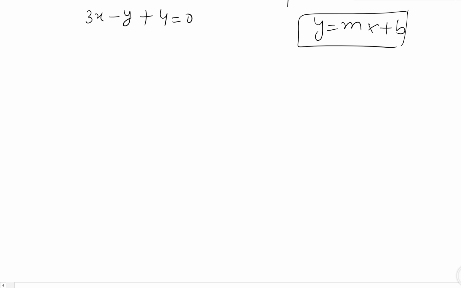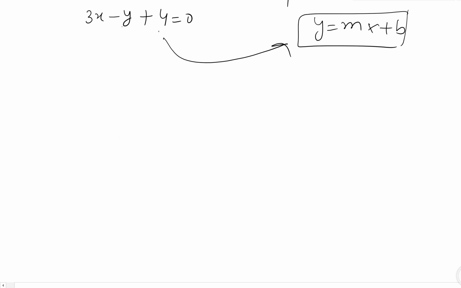So we call it the standard equation of the line. Actually, it's a general equation. Whenever your constant and everything is on the left hand side, we call it the general equation of the line. We can convert it to this form, so then we can identify the b value.